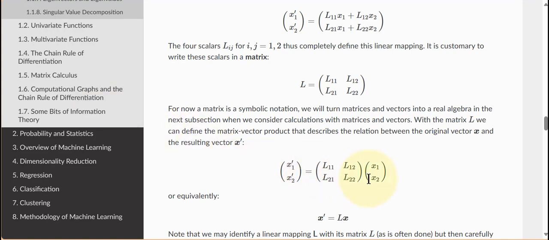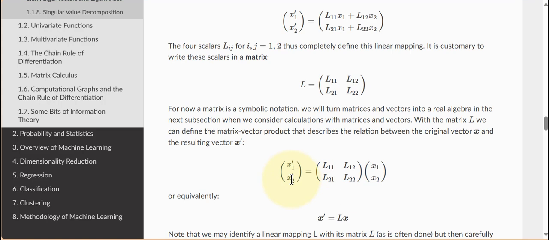Every matrix multiplication is basically a linear mapping, because if you do a matrix multiplication on a vector, you're going to get a new vector, and it has to be a square matrix, so that the input space and the output space have the same dimension. Like here, you have dimension 2, the input space, and you have dimension 2, the output space.